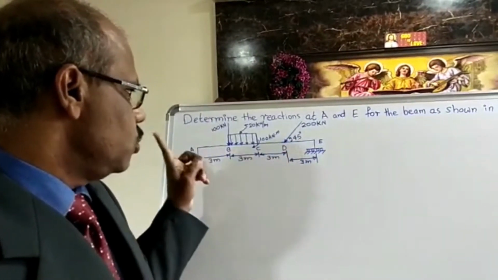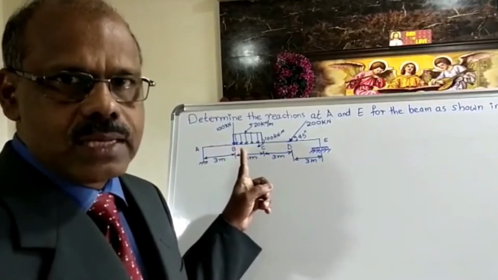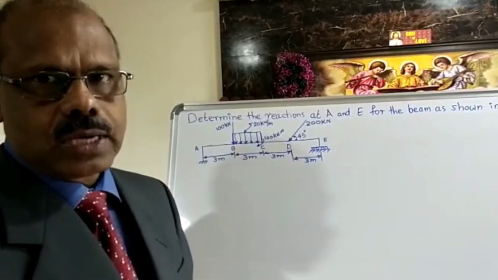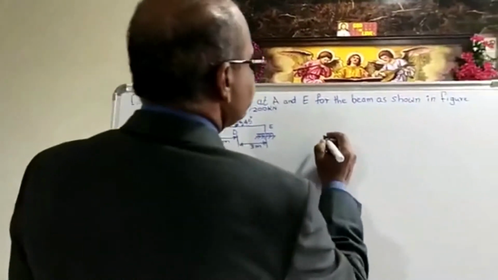Once you get such a question, the first thing you have to make is a free body diagram. How to make the free body diagram? I am going to make the free body diagram here.